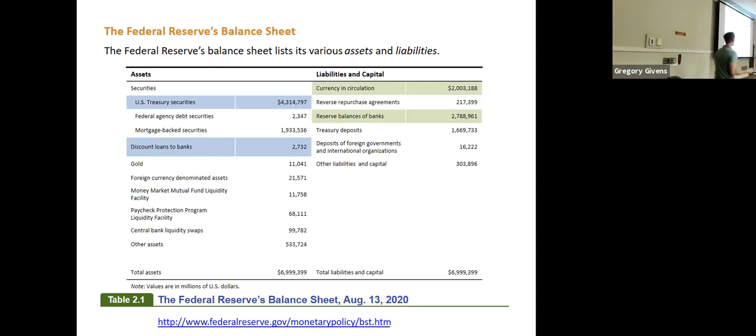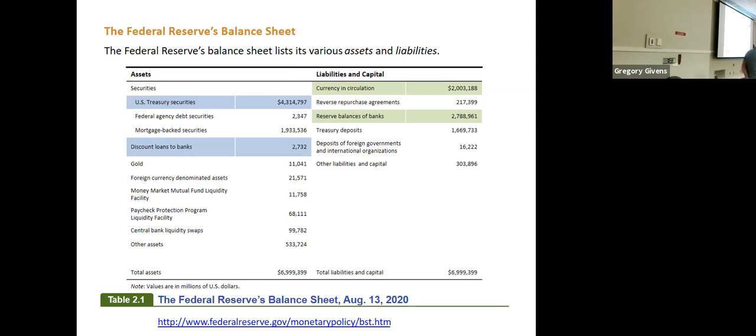Now, reserve balances at banks, in what sense is that a liability for the Fed? Let me make sure we have that clear in understanding right now. In what way are the reserve balances held by private banks a liability for the Federal Reserve? Well, it's the same reason why your checking account balances are liabilities for your banks. That's what is owed to you, right?